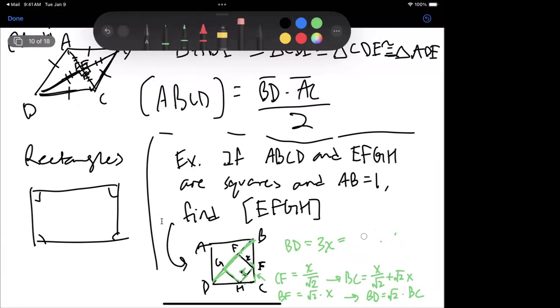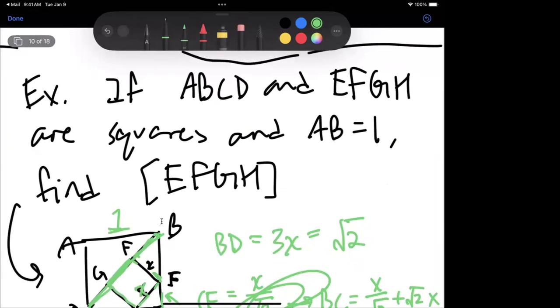Oh, wait. But we don't actually need to do that. Hold on. Because we're given side AB is 1, this is equal to square root of 2. I forgot the question.